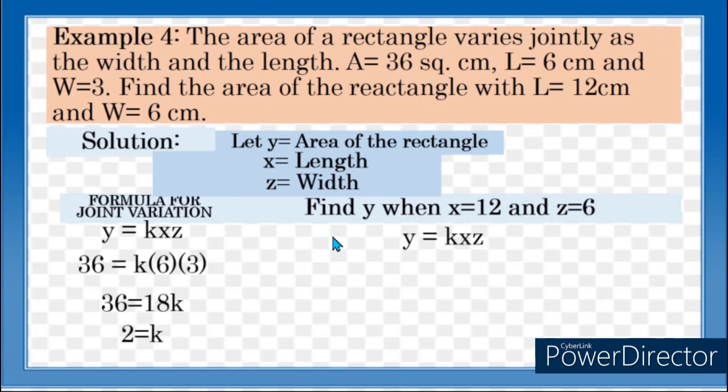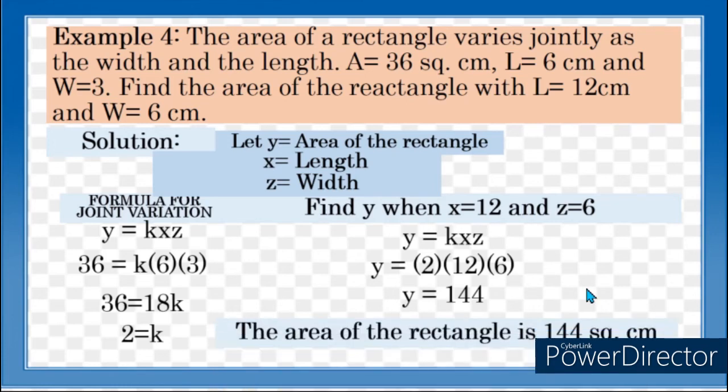Since nakuha naman na natin yung value ng k na 2, substitute natin dito sa formula. So, we have y is equal to 2 times 12 times 6. Okay, 2 times 12 is equal to 24, and 24 times 6 is equal to 144.